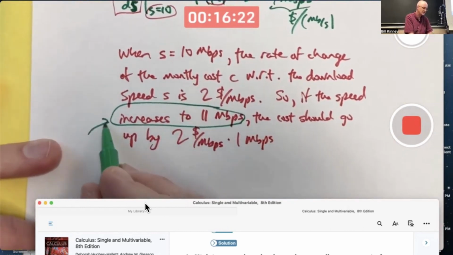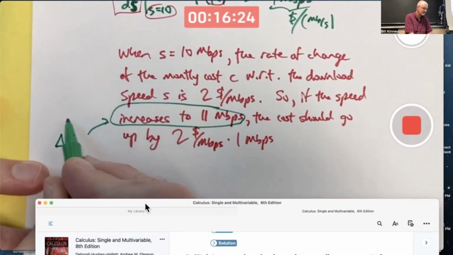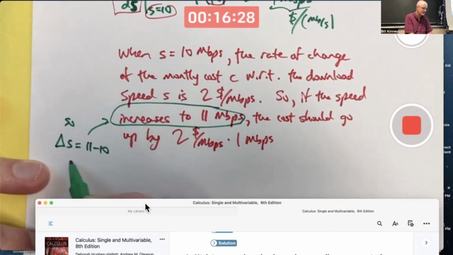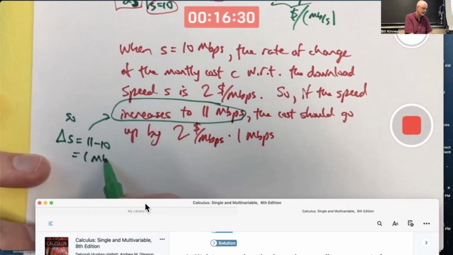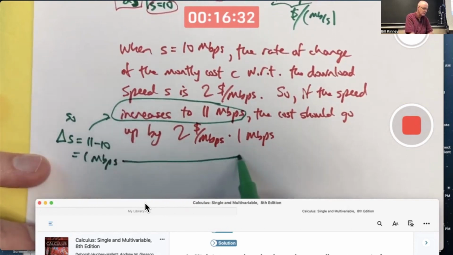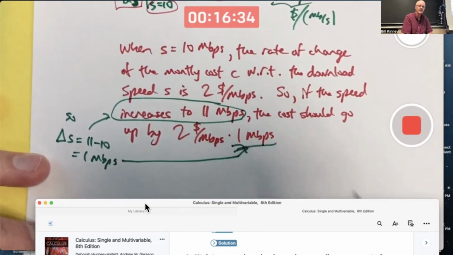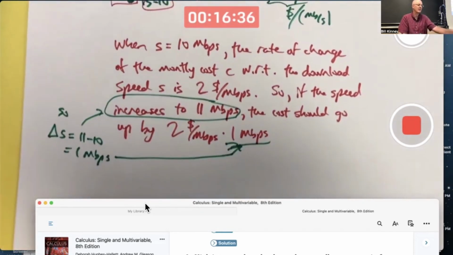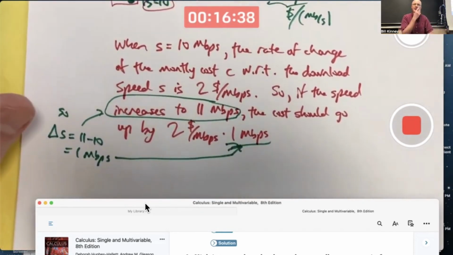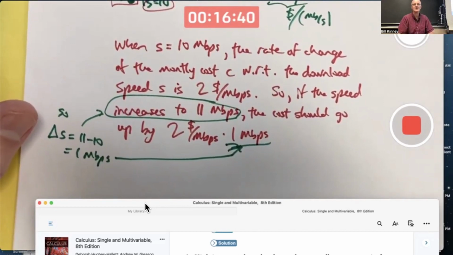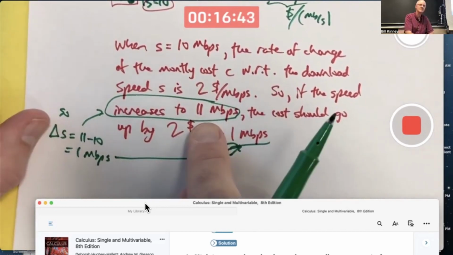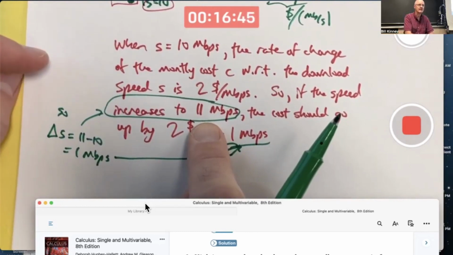But the change in the speed, delta S, is 11 minus 10, which is 1 megabyte per second. And that's what goes right there. You always multiply the rate of change, the derivative, by the amount of change, not the actual internet speed of 11 in this case.